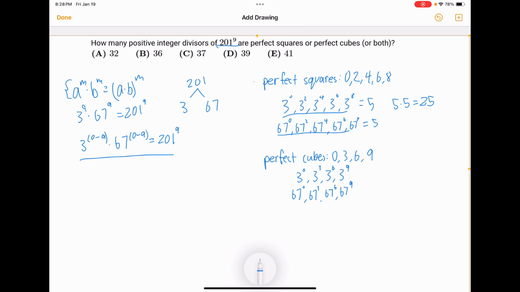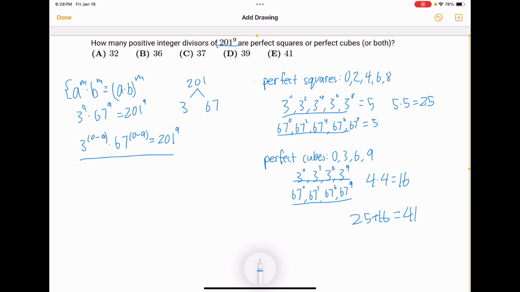And because there are 4 choices for 3 and 4 choices for 67, we would get 4 times 4, which is equal to 16. So 16 perfect cubes. And now we can just add these together. 25 plus 16 gives us 41.